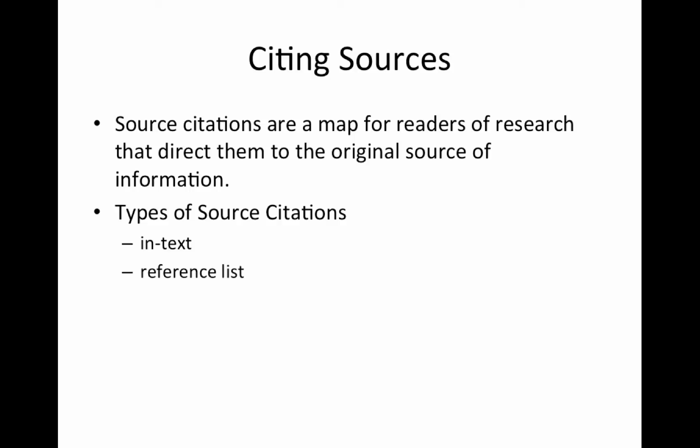The second kind of citation is that of the reference list. In the back of your textbook, you will find all the references used in our text. Remember that every reference on the list is also in the textbook as an in-text citation, and every in-text citation is associated with a citation in the reference list.